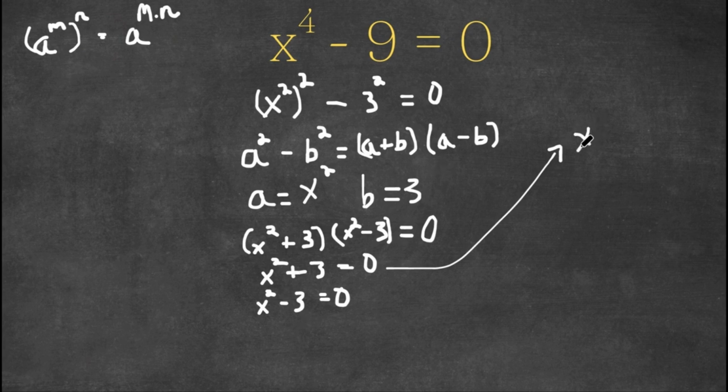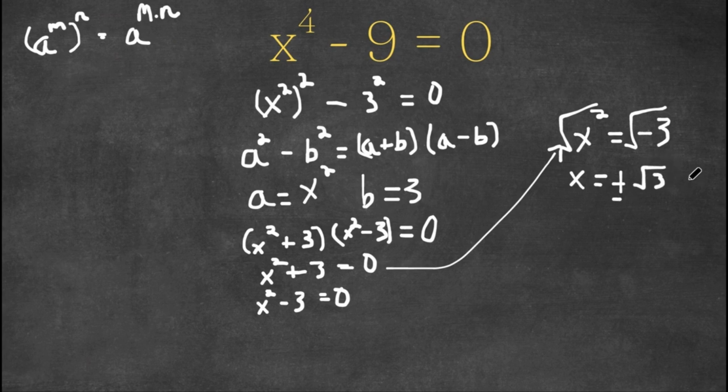So if we subtract 3 on both sides, we get x squared is equal to negative 3. Now if we take the square root on both sides, we get x equals positive or negative square root of 3i. So this is actually two solutions because we have positive and negative.